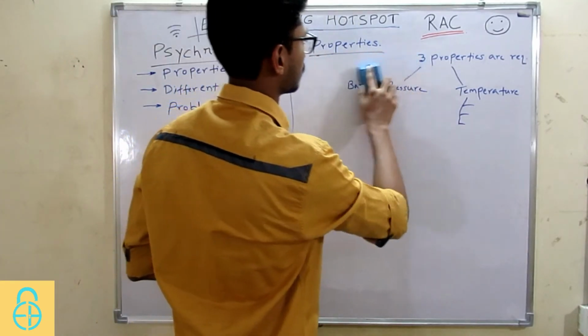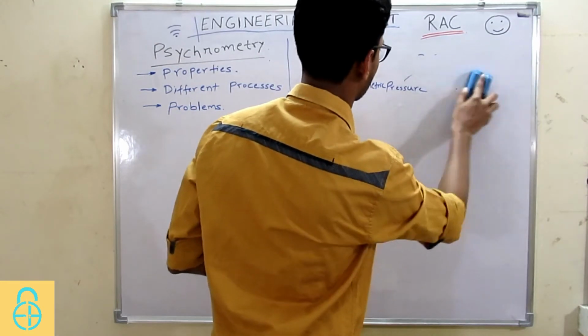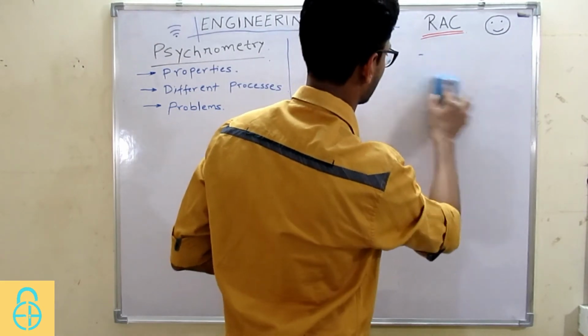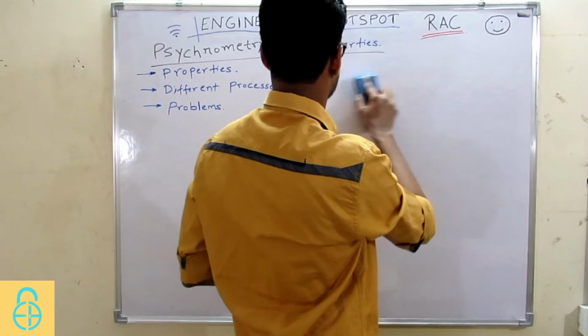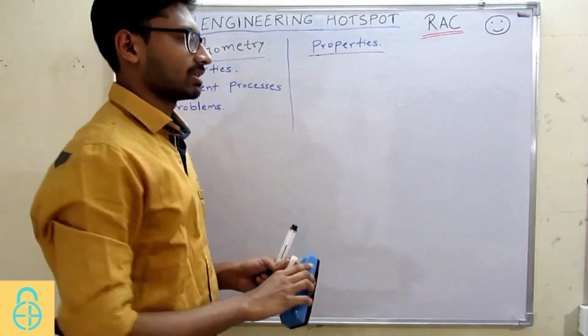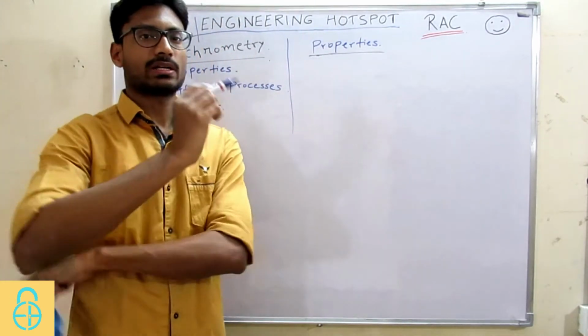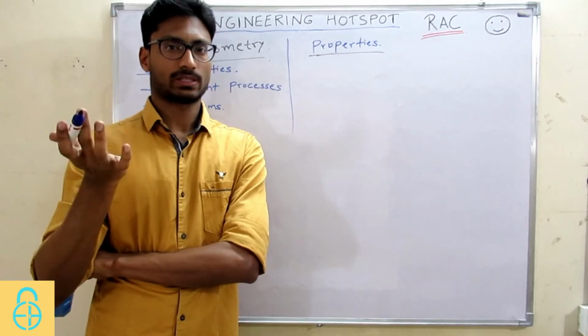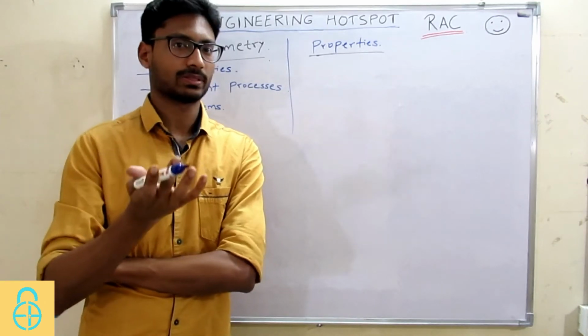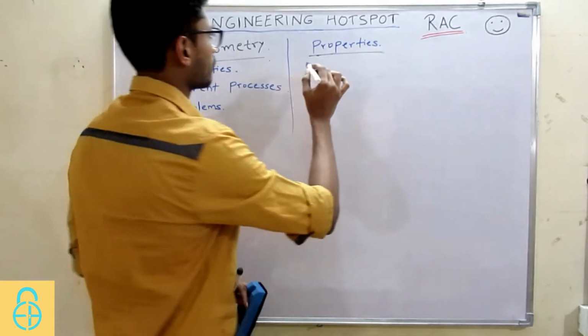Let us start with the properties. First is pressure. Pressure we can measure with a barometer, not a problem. That is atmospheric pressure. Now coming to temperature.